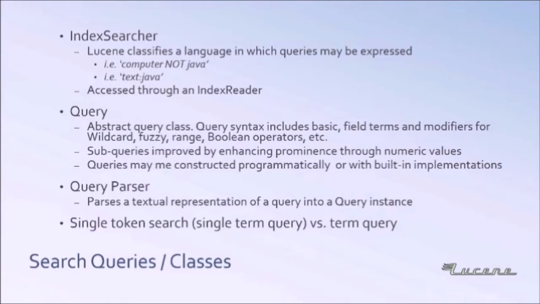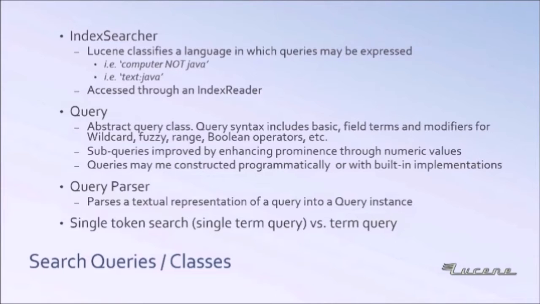The query syntax includes basic field terms and modifiers for wildcard, fuzzy, proximity, or range searches, and Boolean operators for requiring a term to be present, absent, or for combining queries with logical operators.